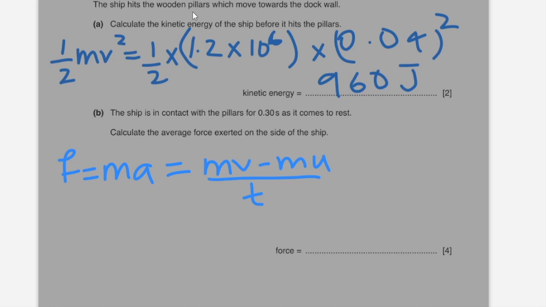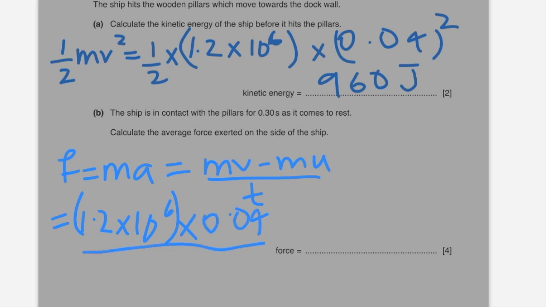So since mu is basically mass into the initial velocity, but mv is 0, I'm just going to be calculating with mu, and so we have the calculation as 1.2 into 10 to the power of 6 multiplied by the initial velocity, which is 0.04, divided by the time taken, which is 0.3 seconds.